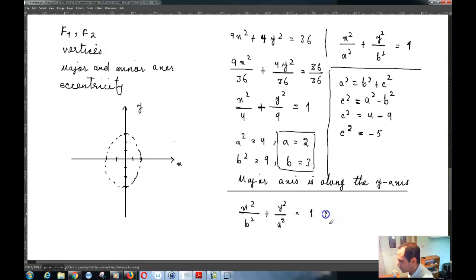And that is because the major axis is along the y-axis.